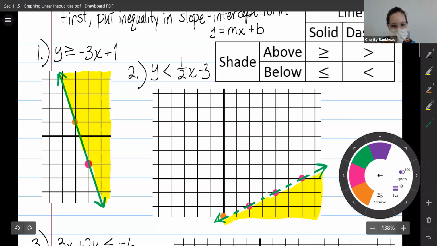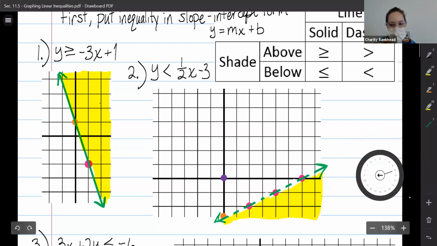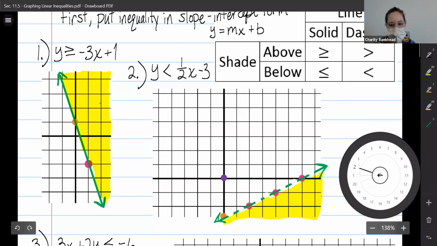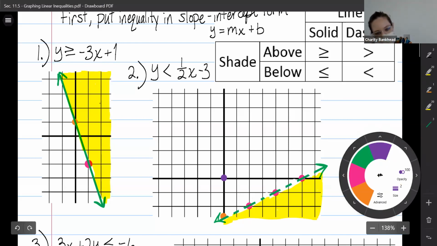So like I can pick 0, 0. I would usually pick 0, 0 because that's the easiest point to pick. And then what you do is you plug 0, 0 into the inequality and you see if it's true or false. So I could plug that in. If I did that, it would be 0 is less than 1/2 times 0 minus 3.